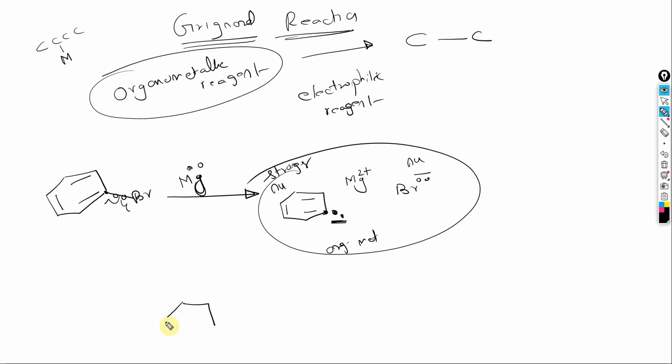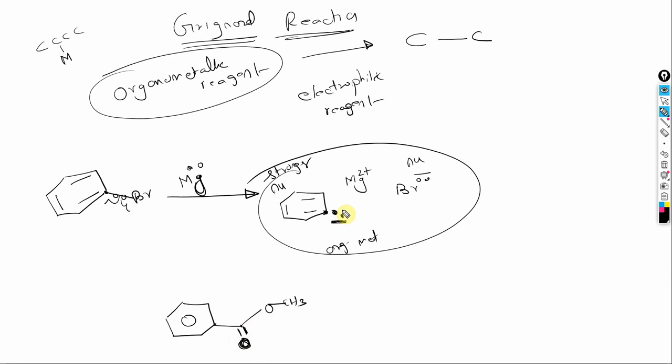In this specific lab, the electrophile that you will be using is going to be methyl benzoate. The reason why this is an electrophile is there is a carbon-oxygen double bond here, and carbon again loses electrons to oxygen because oxygen is a more electronegative element.